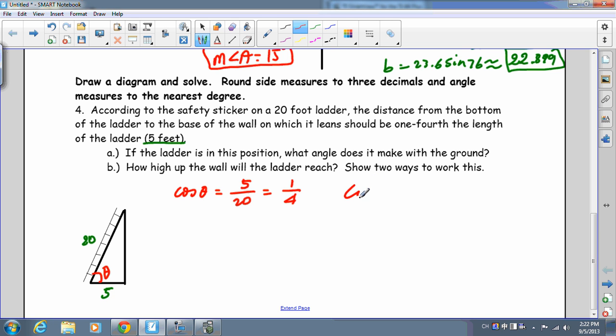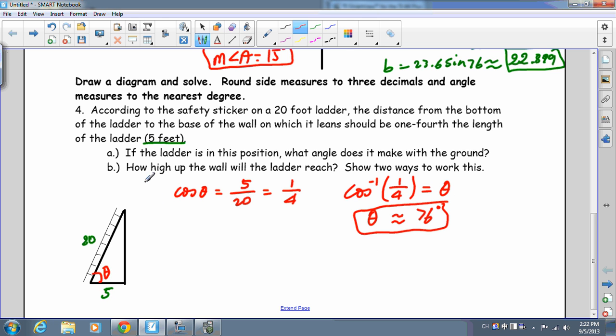We will say cosine inverse of 1/4 will give us the measure of angle theta. Using your calculator, you will end up with theta is approximately equal to 75.522, which will be rounded to 76 degrees.